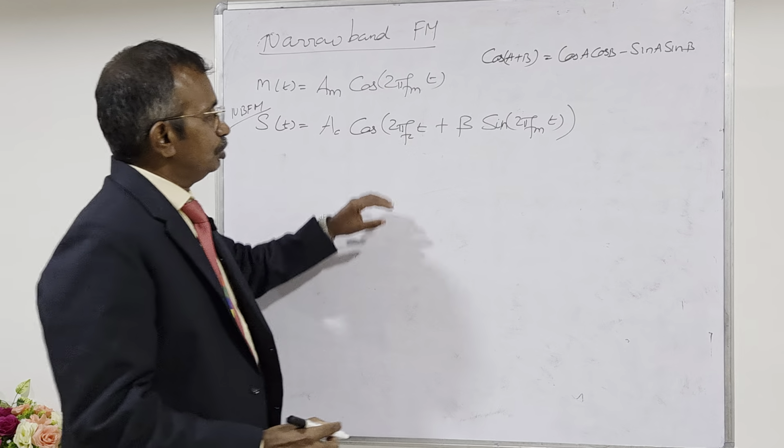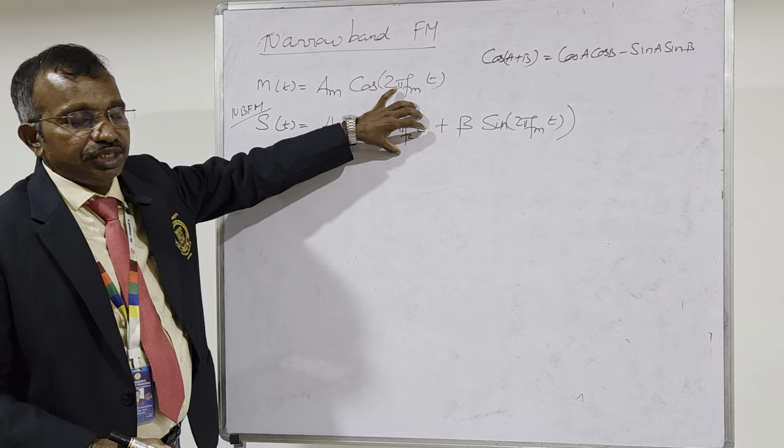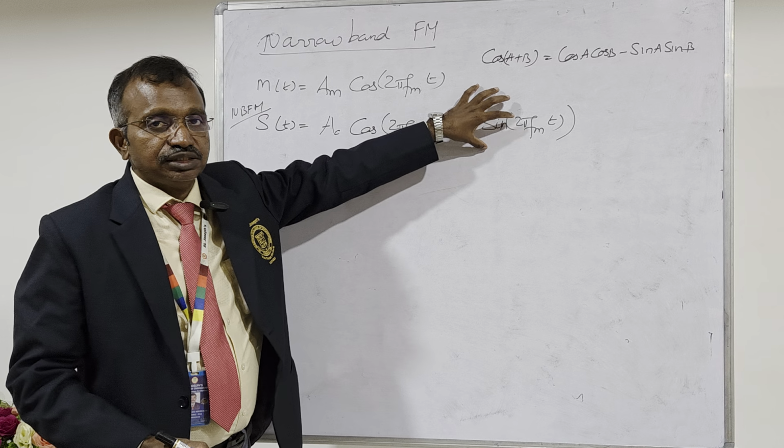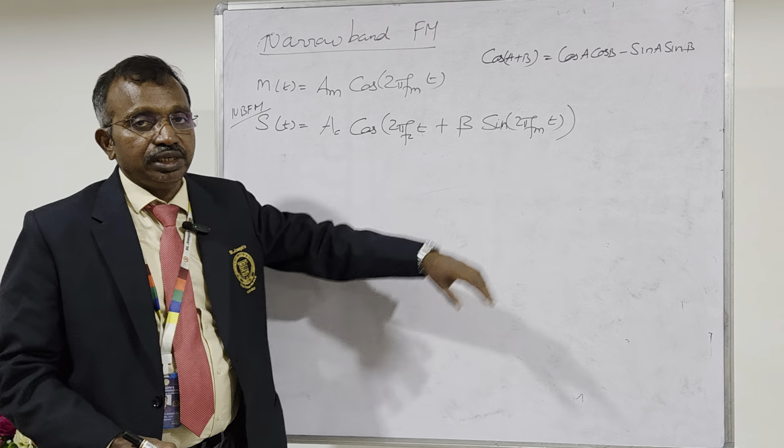So A is 2 pi fc t and B is beta sin 2 pi fm t.